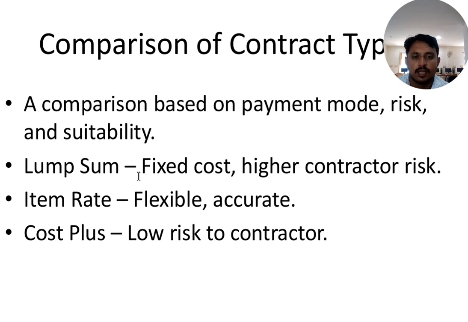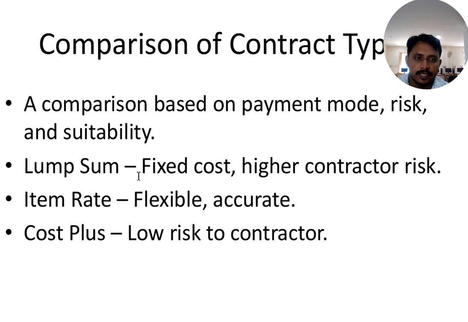Because after some days or months, the material cost will be more, so automatically the rate of the building will also be more. At that time, the contractor may face risk in the lump sum contract.